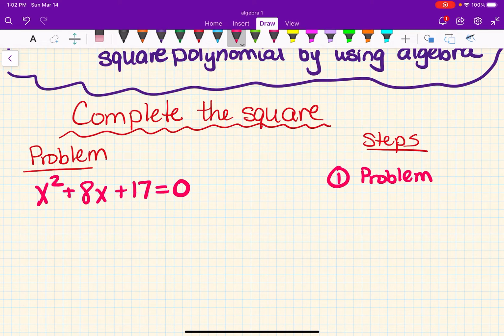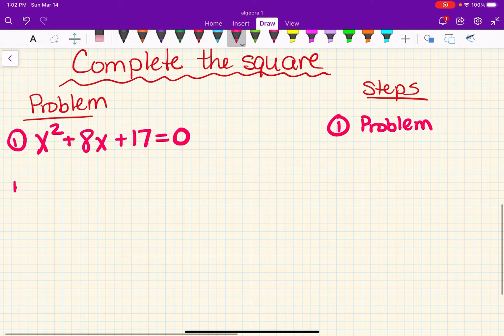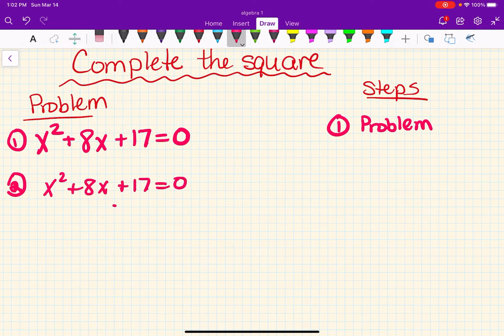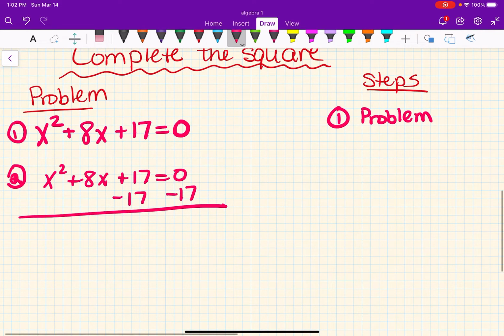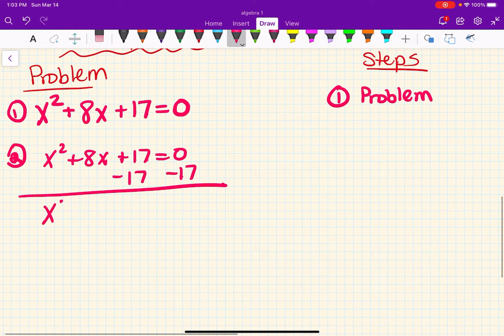So we have to make it into a perfect square. Okay? So the very first step to make this into a perfect square is we have to change the c value. And in order to do that, we need to move the current c value over to the other side to get it out of the way. So we're going to subtract 17 from both sides, because 17 is not going to work. That's not a perfect square. That doesn't work. So we need to get rid of that value. We're going to change it.